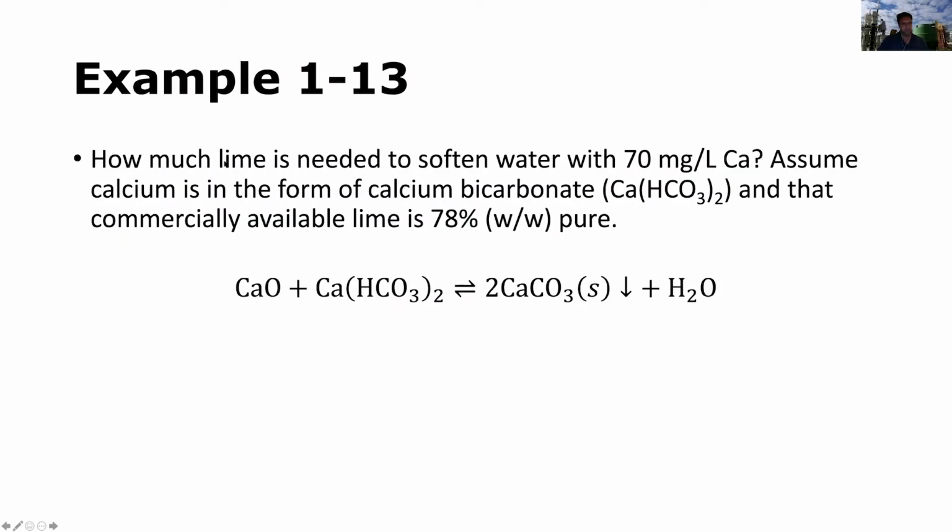Let's do another example. How much lime is needed to soften a water source with 70 milligrams per liter as calcium, assuming that calcium is present in the form of calcium bicarbonate? And let's also assume that the commercially available lime that we're using is 78% pure on a weight-to-weight basis.